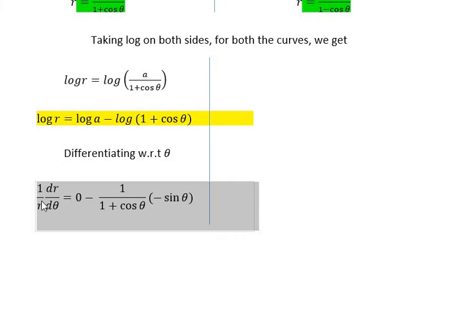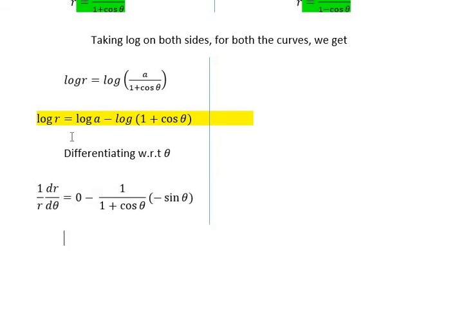We get 1 by r dr by d theta is equal to 0 minus 1 by 1 plus cos theta into minus sin theta. The derivative of log r with respect to theta is 1 by r dr by d theta, the derivative of log a is 0, and the derivative of minus log of 1 plus cos theta is minus 1 by 1 plus cos theta into the derivative of 1 plus cos theta, which is minus sin theta.